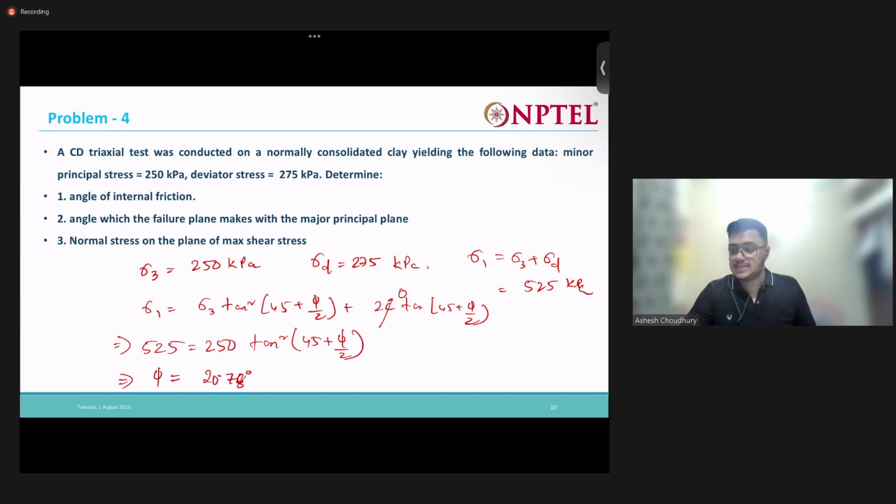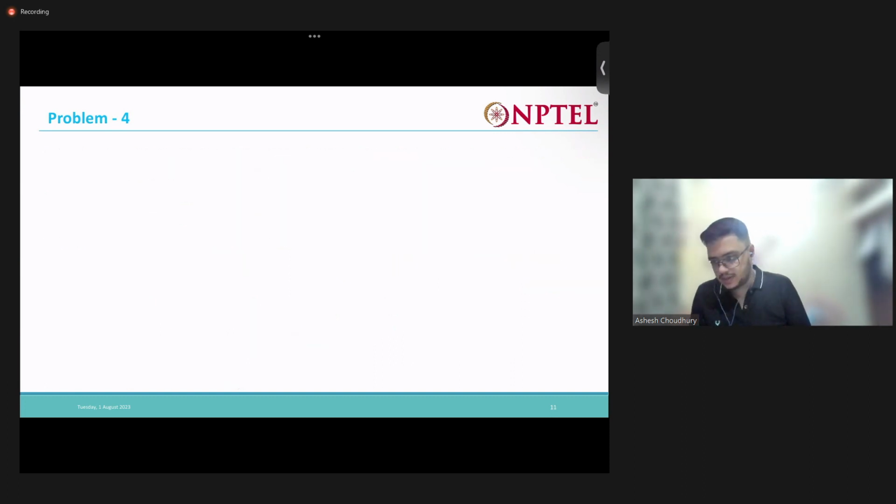Next thing is the angle which the failure plane makes with the major principal plane. This is nothing but theta equal to 45 degrees plus phi by 2. So 45 degrees plus 20.76 by 2 is nothing but 55.3 degrees.